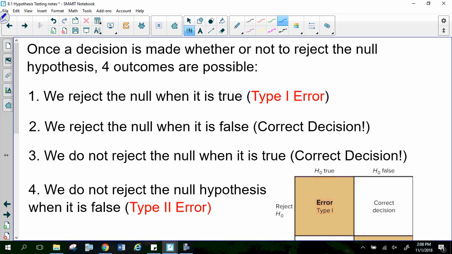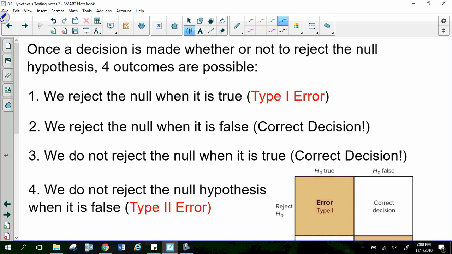The second possible outcome is that we reject the null when it's false. So that's a correct decision. The third one is that we do not reject the null when it is true. So the null is true, and we didn't reject it.